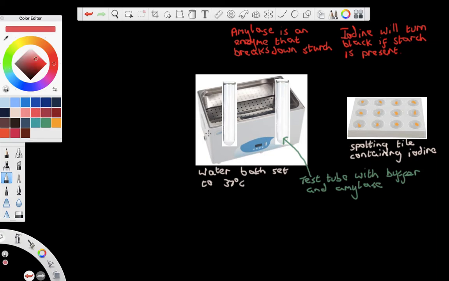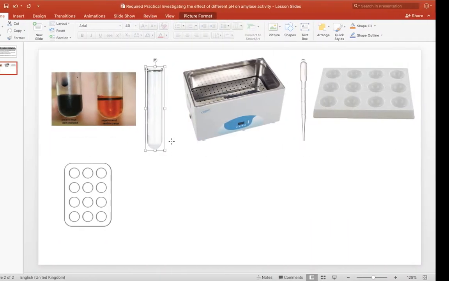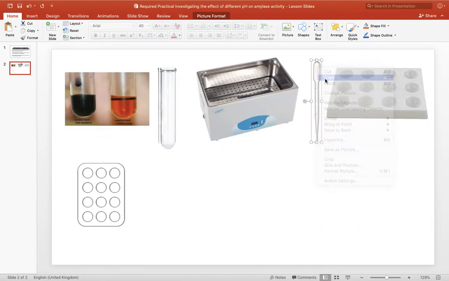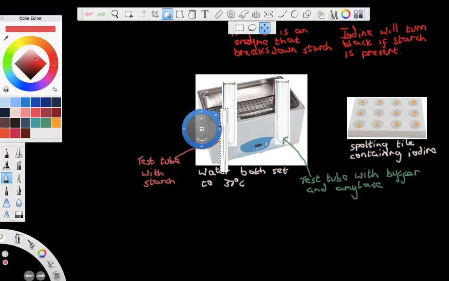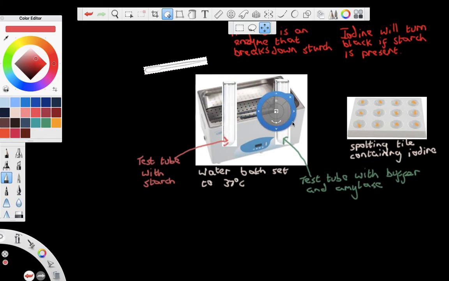So I'm going to label that one test tube with starch. Now, what you are asked to do is to use a pipette to add some of the contents of the starch into the test tube containing amylase.